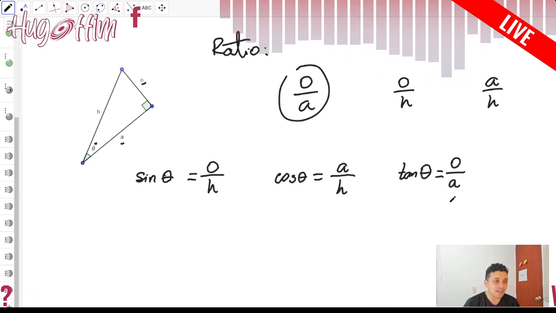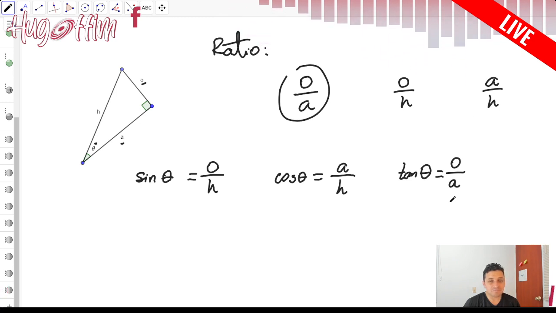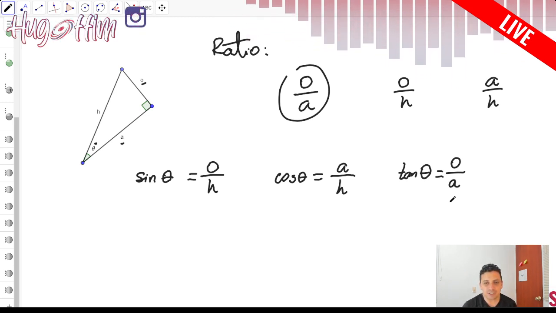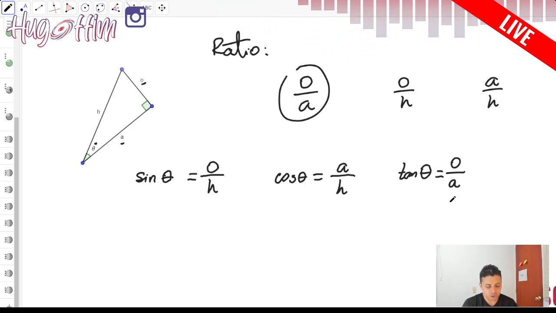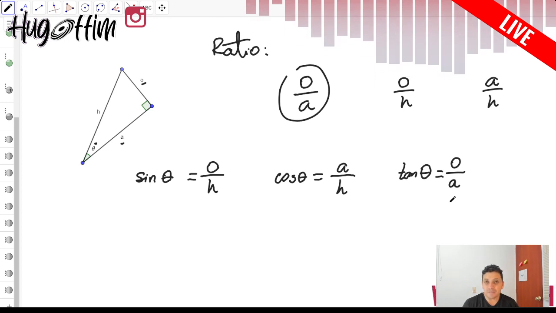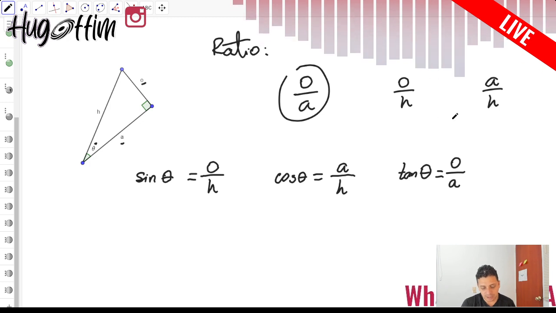And there is something good to know in these definitions, and it's a way in which you can remember them. The way to remember these definitions is to take the first letters of your definitions: sine, cosine, and tangent.